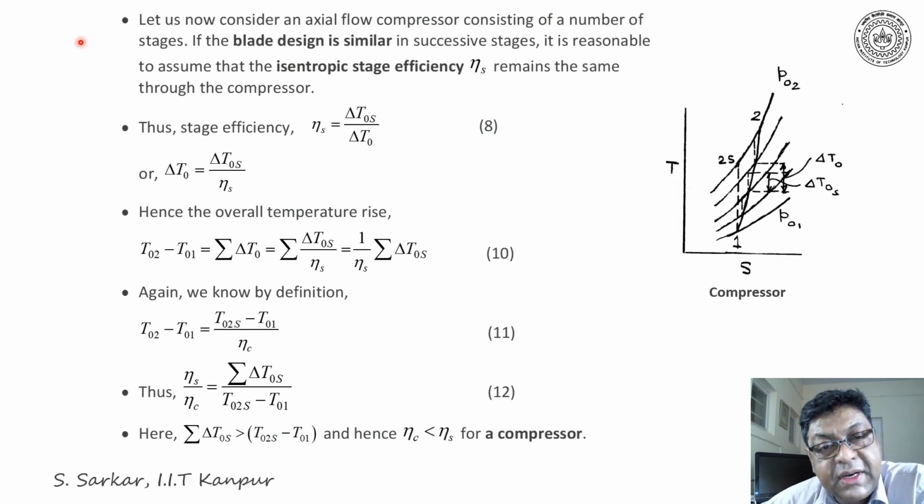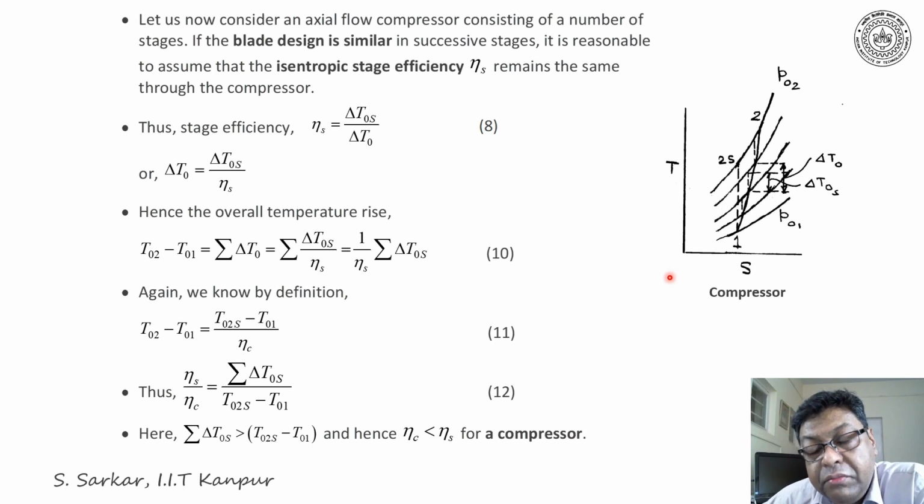Let us now consider an axial flow compressor consisting of a number of stages. And this compression process through different stages has been indicated in TS diagram, where P01 indicates the inlet total pressure to the compressor and P02 the exit total pressure. I have also indicated the different pressure lines that occur through successive stages.